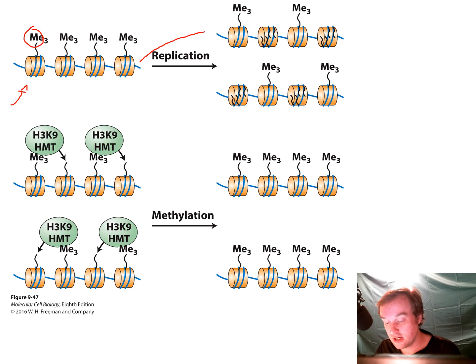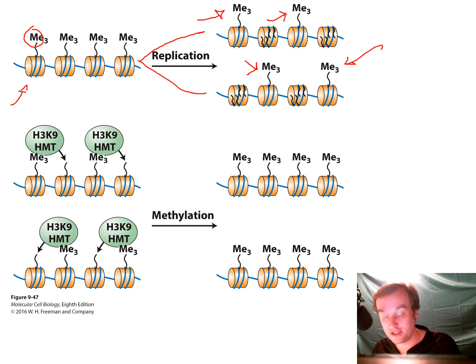So we have replication and two new chromosomes, and each parent histone was randomly assigned to one or the other of the daughter chromosomes, right? So half have it and the other half doesn't. They don't both have the same histones modified because newly created histones on the daughter strand don't have those methylation marks yet.